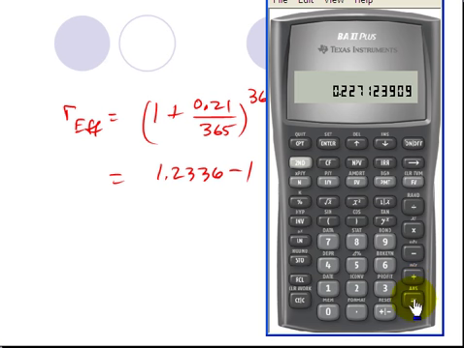And notice that's 22.7%, so it's lower. Quarterly compounding gives you a lower effective rate than daily compounding, and you can compound more frequently than daily. You can compound minute by minute if you want to, and that would be even more.